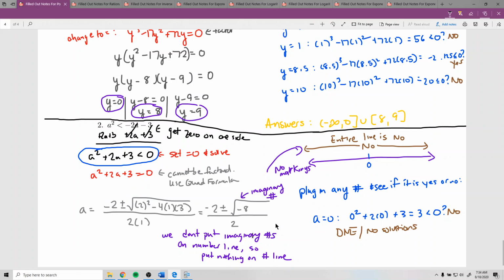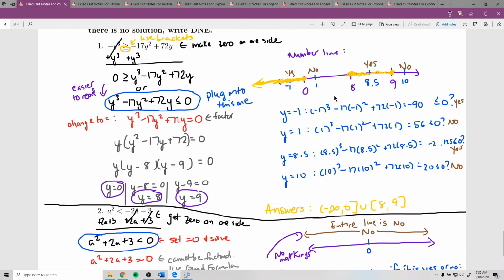Now, if you have a problem like this where you have no markings and you get a yes, then the yes would go for the entire line, and it would be -infinity to infinity. Right, so when you get no markings, it's either D and E or -infinity to infinity.